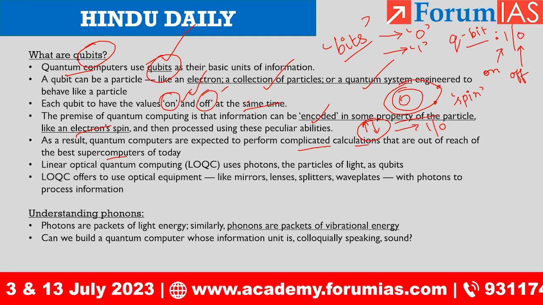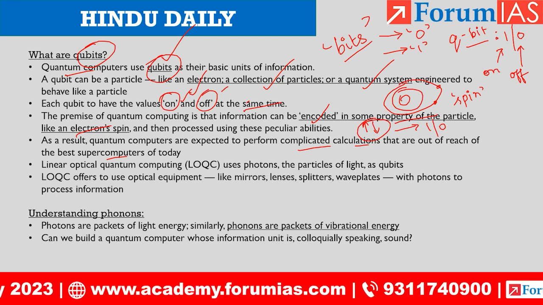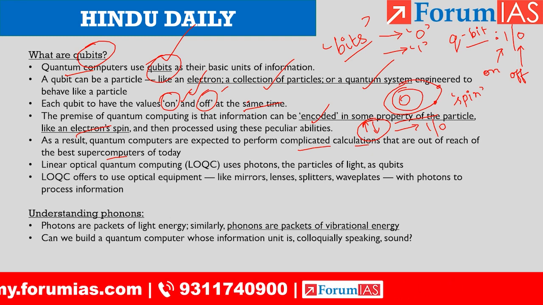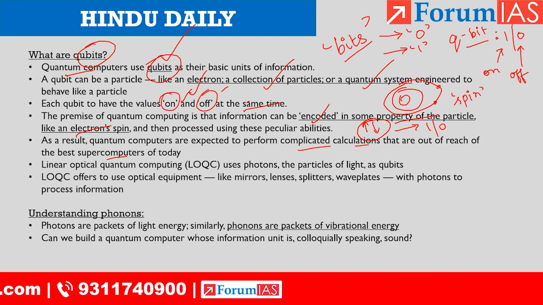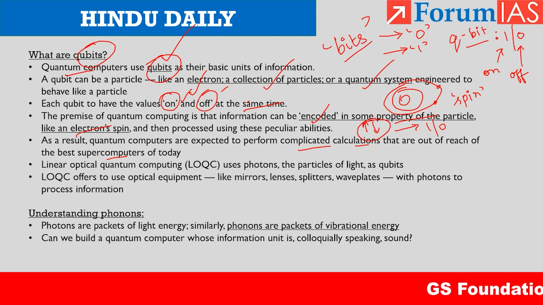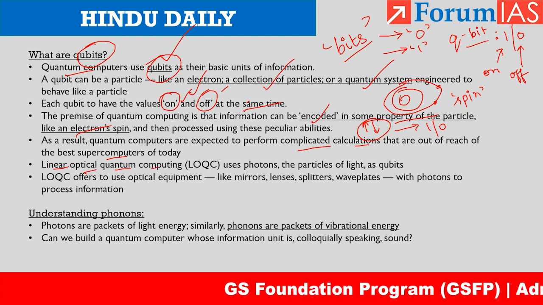That means these quantum computers are much more efficient than supercomputers. Supercomputers still use bits. Quantum computers use qubits. Okay, in this quantum computing, if we have to go one level up, we have linear optical quantum computing.